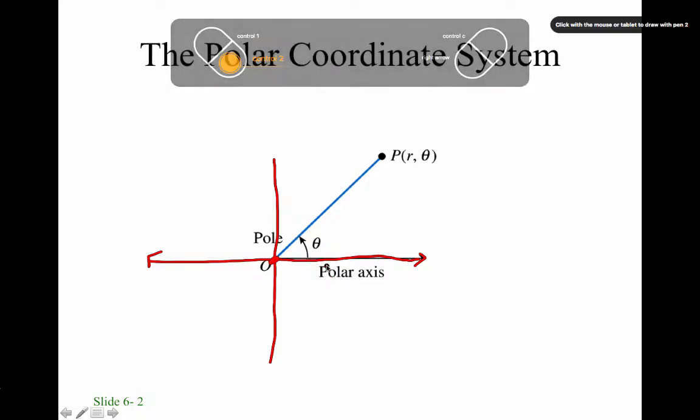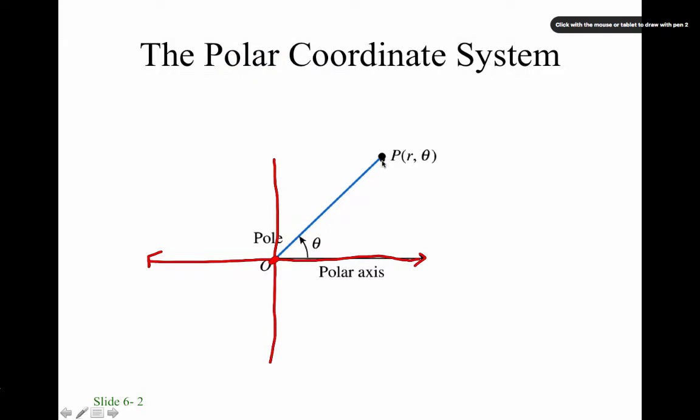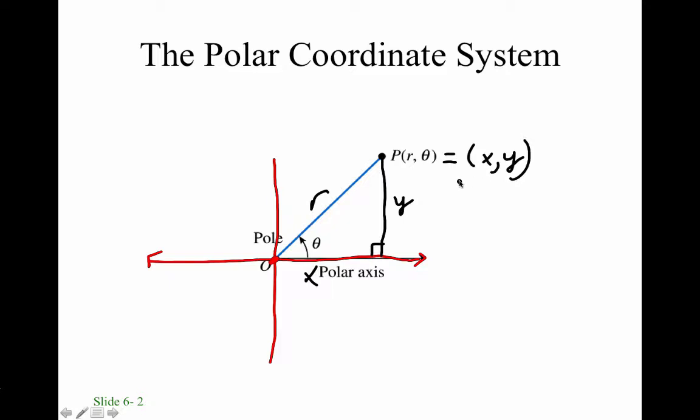If I drew in the regular coordinates, I would draw a right angle, and we would go x units to the right and y units up. What we're going to have instead, and this is r from our unit circle back in the day, is this r, and this angle theta is going to replace the x to the right or left and the y to the up or down.